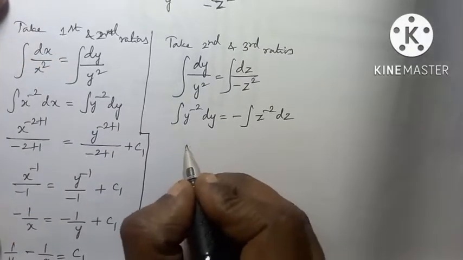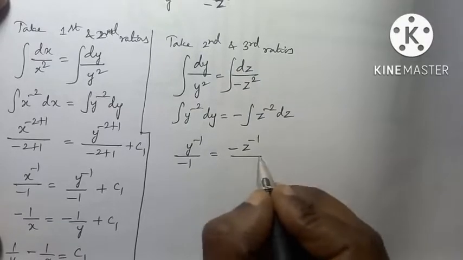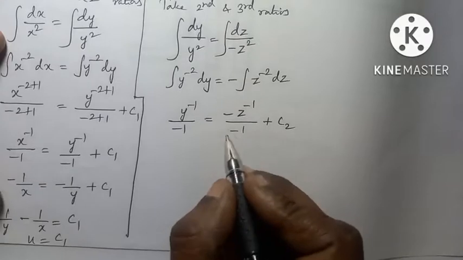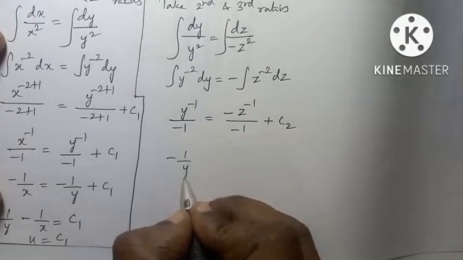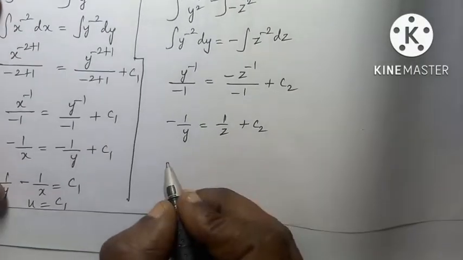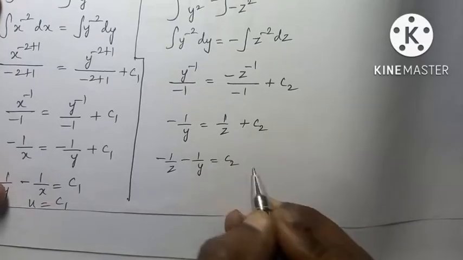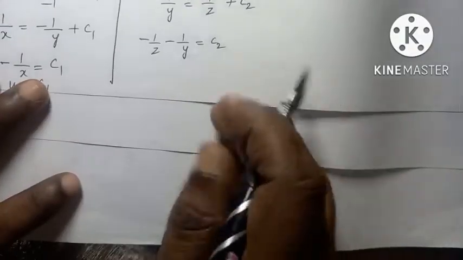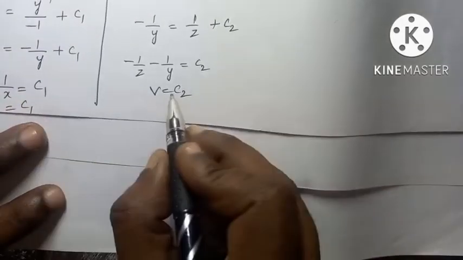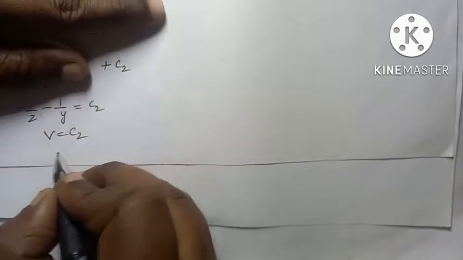When you integrate, y power minus 2 plus 1 by minus 2 plus 1, z power minus 2 plus 1 by minus 2 plus 1, plus c2. The minus signs cancel, giving 1 by z plus c2. Let us bring 1 by z to this side: minus 1 by z, which is v equal to c2. So u equal to c1, v equal to c2.